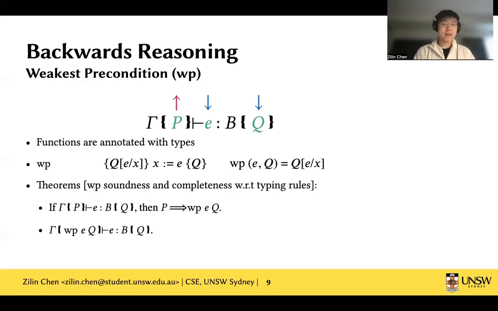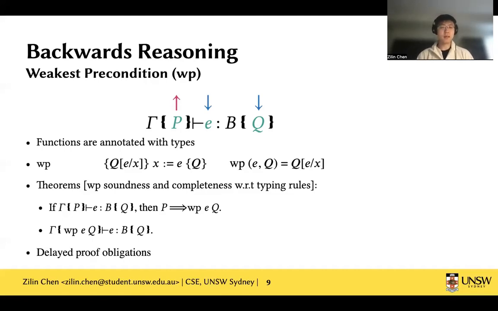Concretely, we say if we can type E with the precondition P and postcondition Q, then P must imply the weakest precondition. Conversely, we must be able to type the expression E with the weakest precondition as the precondition and Q as the postcondition.